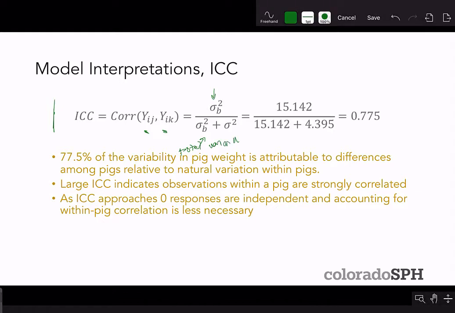In this case, it's 0.775. This number is always going to be between 0 and 1.